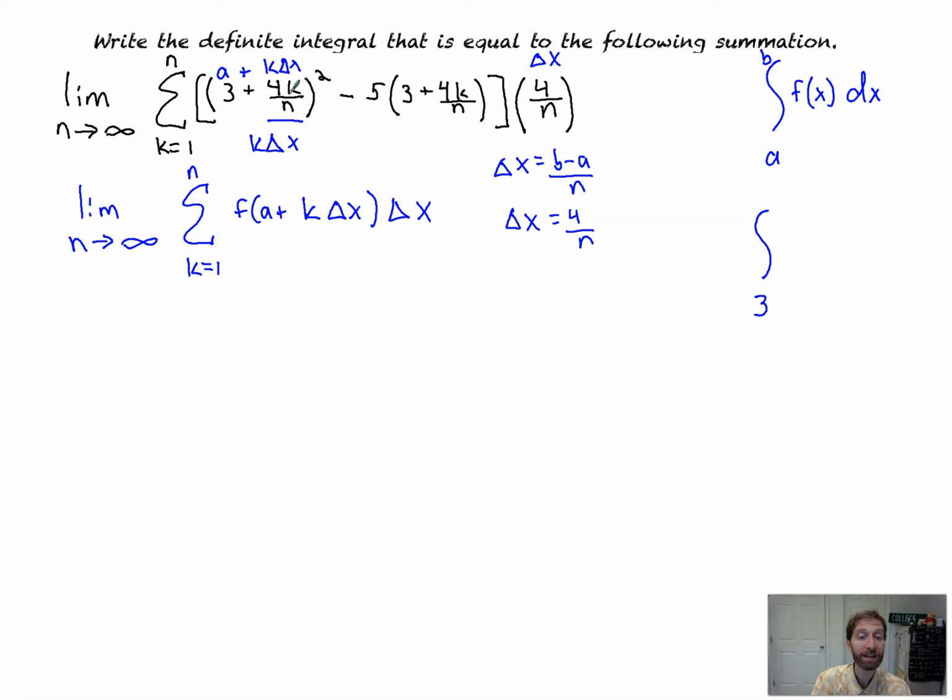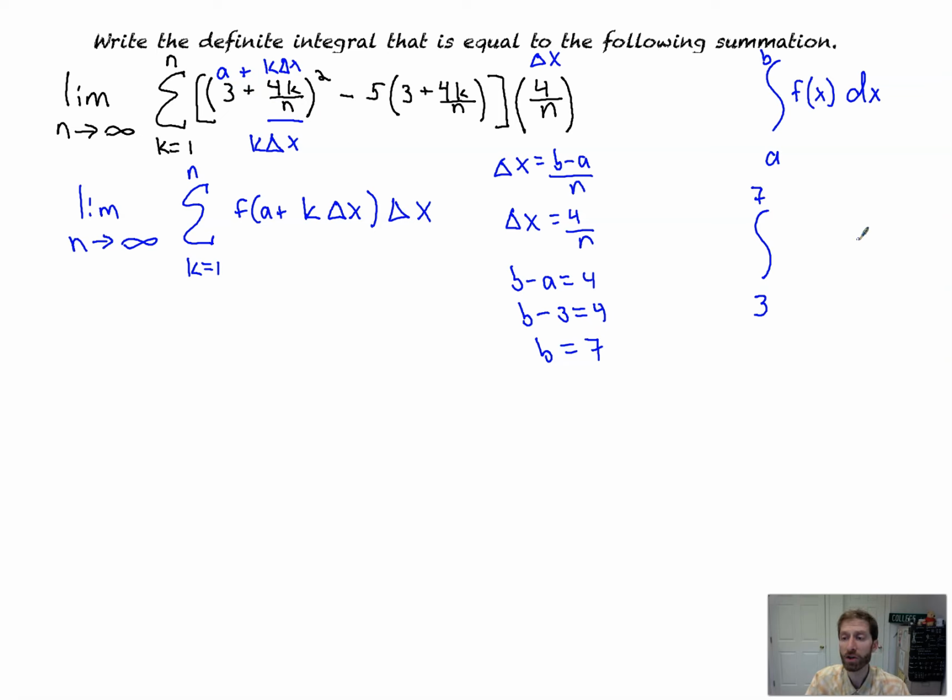Delta x, well, we know that delta x, the whole thing, is all of this. But b minus a is 4, right? That's in the spot for b minus a. If b minus a is 4, and a is very simple, equal to 3, then b has to equal 7, right? If the overall width is 4 and we start at 3, then we're going to end at 7.